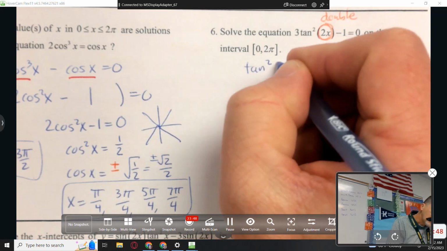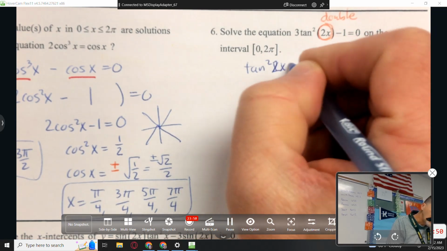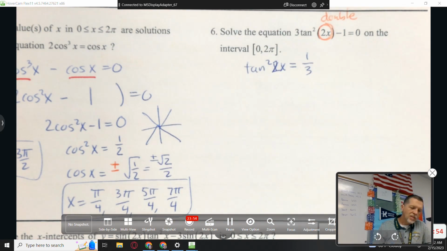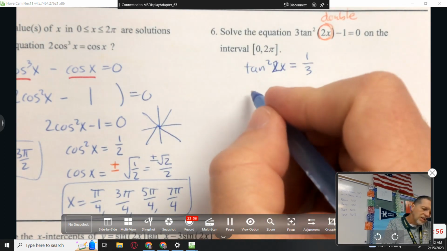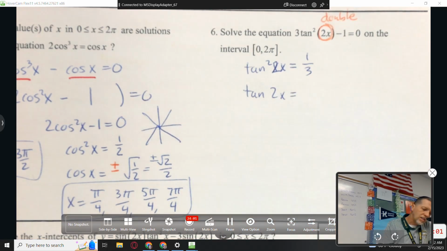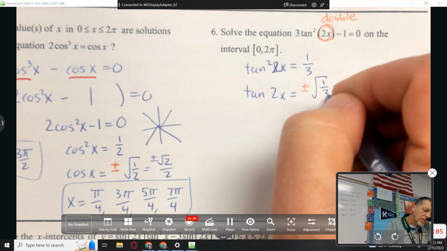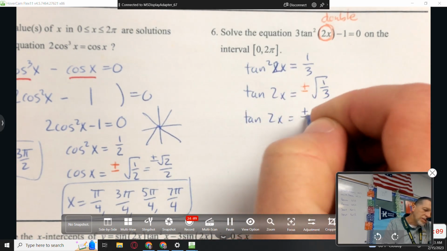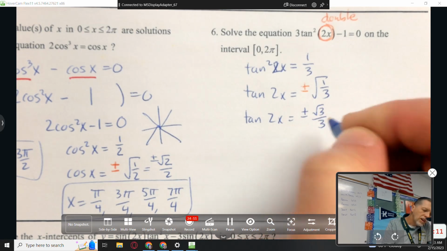Tangent squared of 2x equals 1/3. So tangent of 2x, if I square root both sides, plus or minus square root of 1/3, plus or minus root 3 over 3.